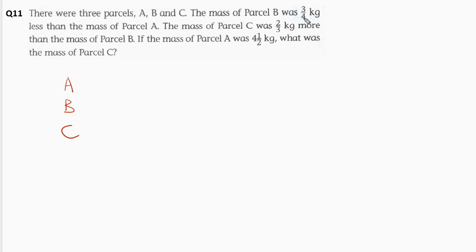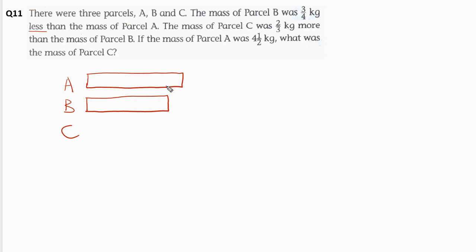The mass of parcel B was 3/4 of a kilogram less than parcel A. So I'm actually going to start with B, and we're going to just draw a randomly sized block to represent B. Now, if that's B, then A, let's look at A. It says B was less than A. Okay, B is less than A, so A is bigger. And by how much is it bigger? This is 3/4 of a kilo.